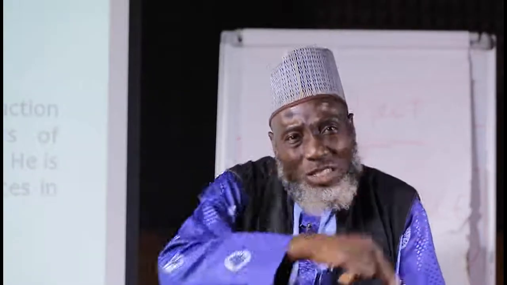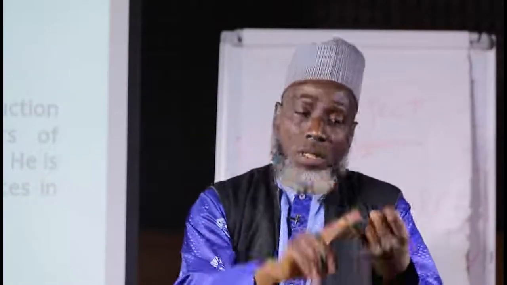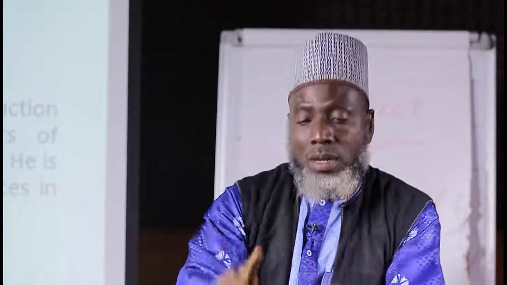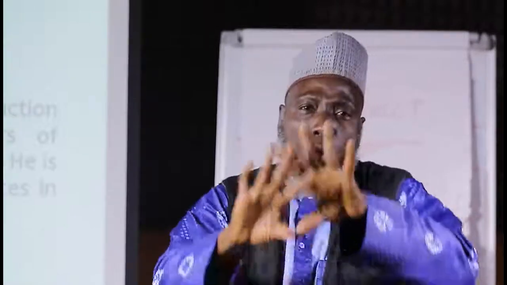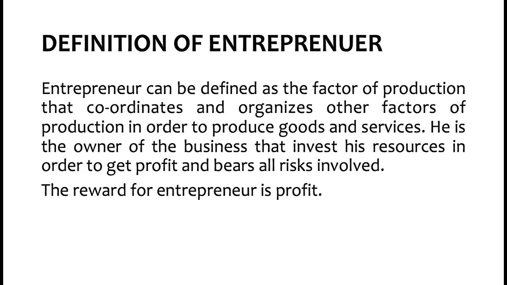He is the one that coordinates all other factors of production in terms of land, labor, and capital. He coordinates them, organizes them in order to have what is needed to be produced. He is the owner of the business that invests his resources in order to get profit and also bears the risks. That's why he's known as a risk bearer.